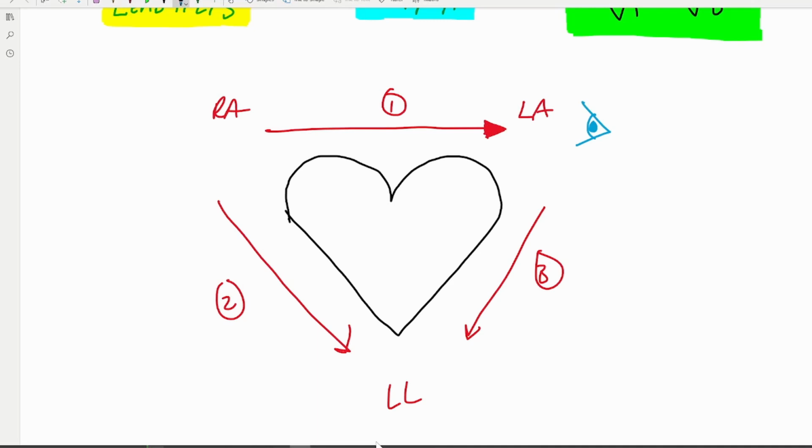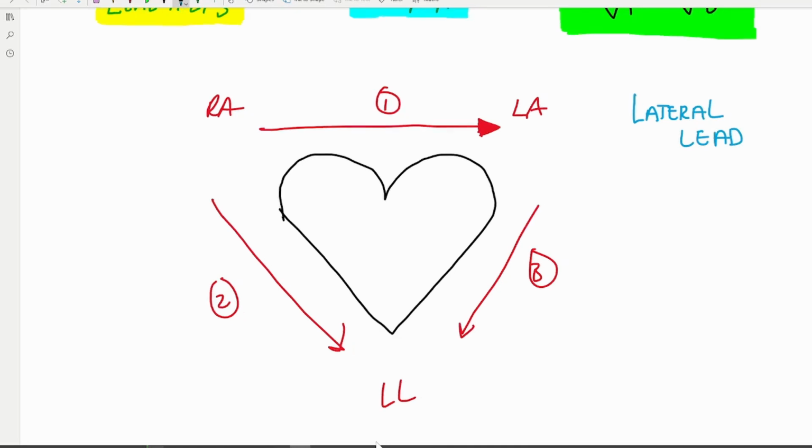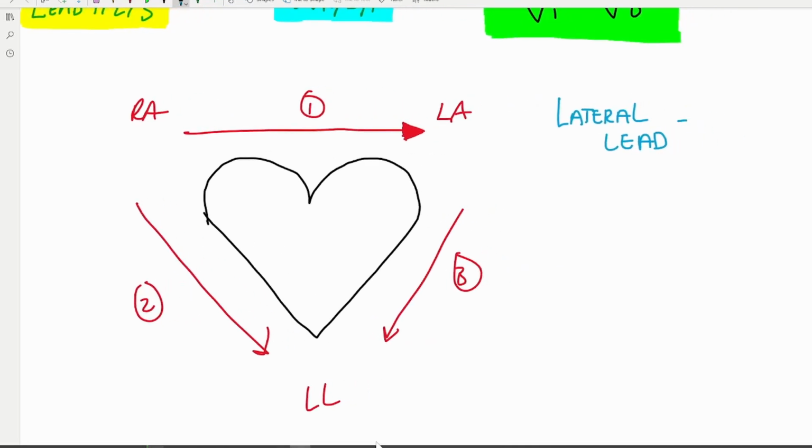So for lead 1, our eyeball is looking at lead 1 coming towards the eyeball, and where is this lead coming to? It's coming to the left side. Alright? Now because it's coming to the left side, we can say lead 1 is a lateral lead.